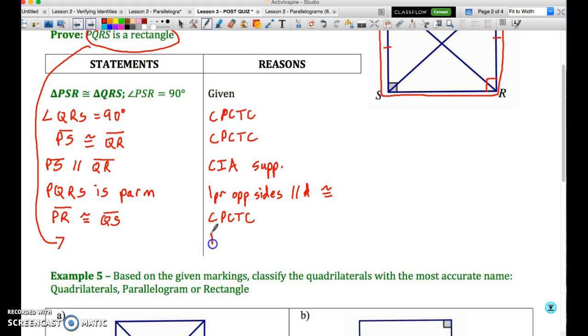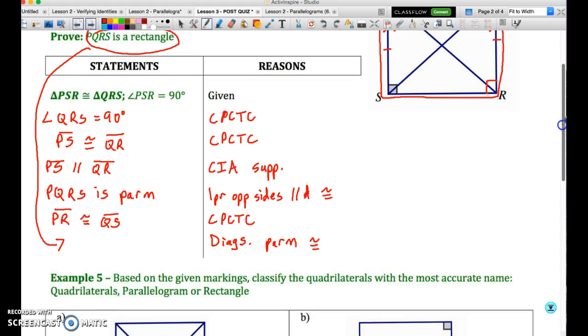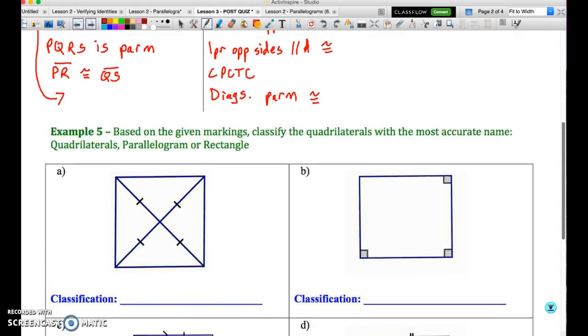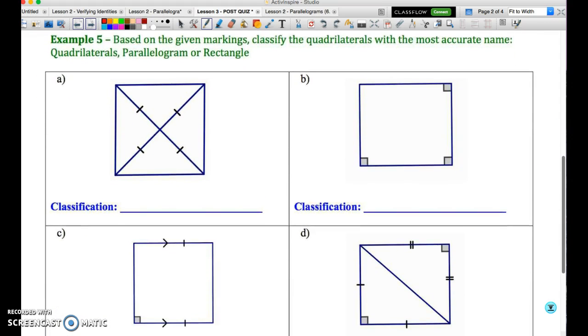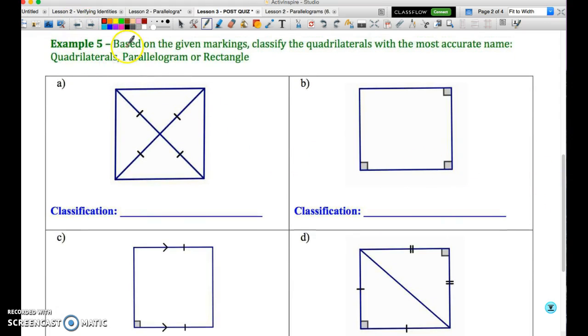In this particular case, that is because the diagonals of the parallelogram are congruent. And so once we know it's a parallelogram, if we prove that the diagonals are congruent, that proves that it is a rectangle.